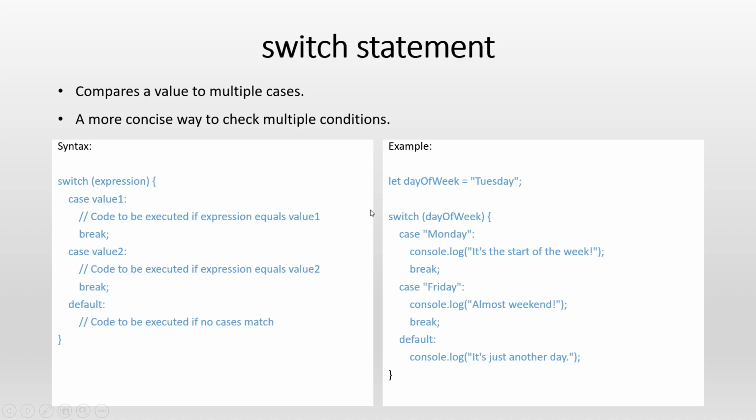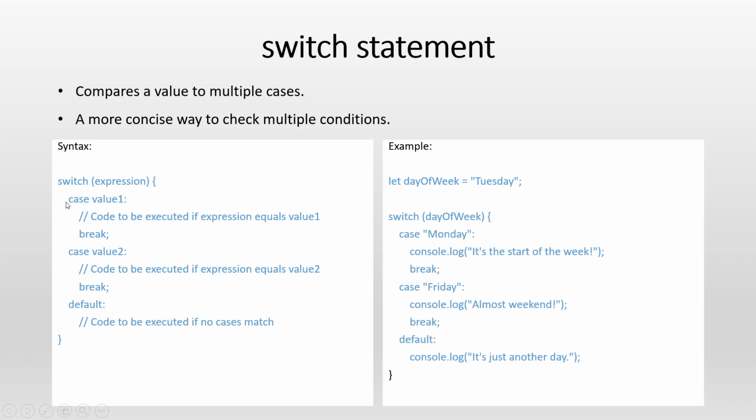Next, there is another point: a more concise way to check multiple conditions. With if conditions, else if becomes complicated to read, with many if conditions and flower brackets, and you get confused.